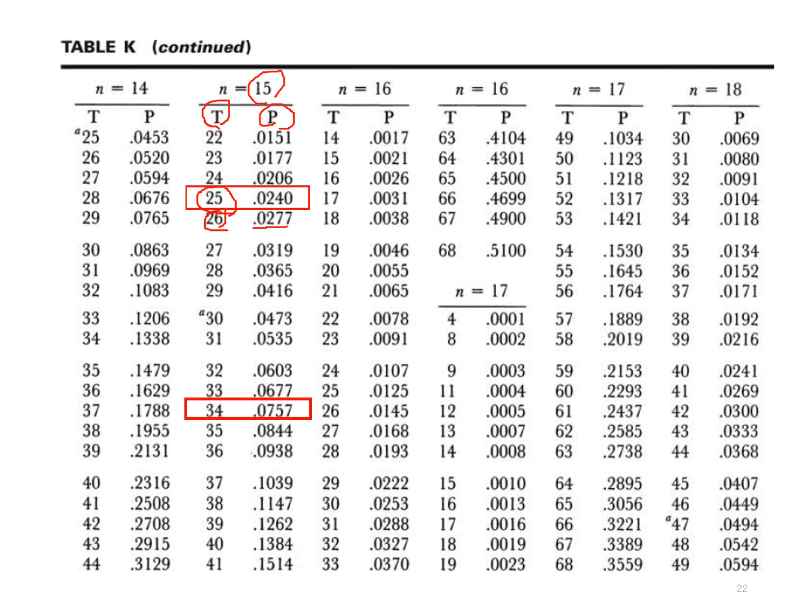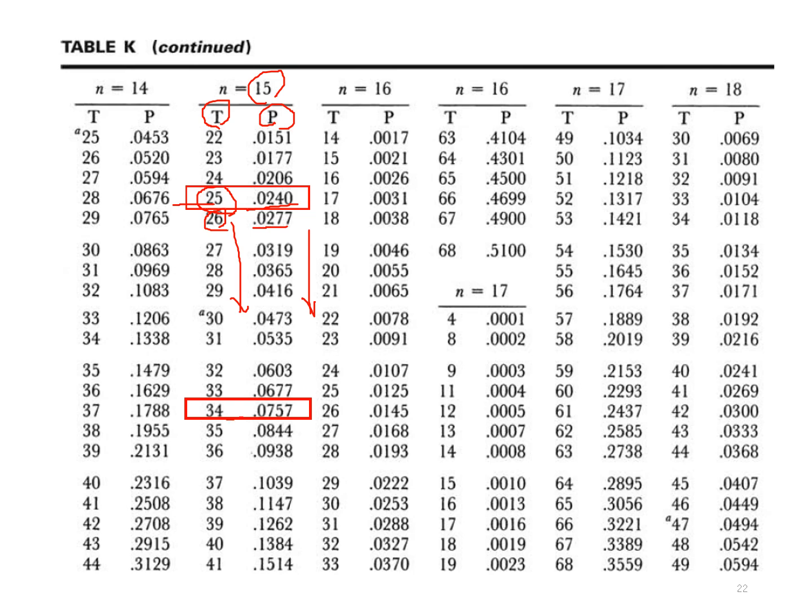If we have 25, the extreme probability is 2.4%, and as the value increases, the cumulative probability increases.